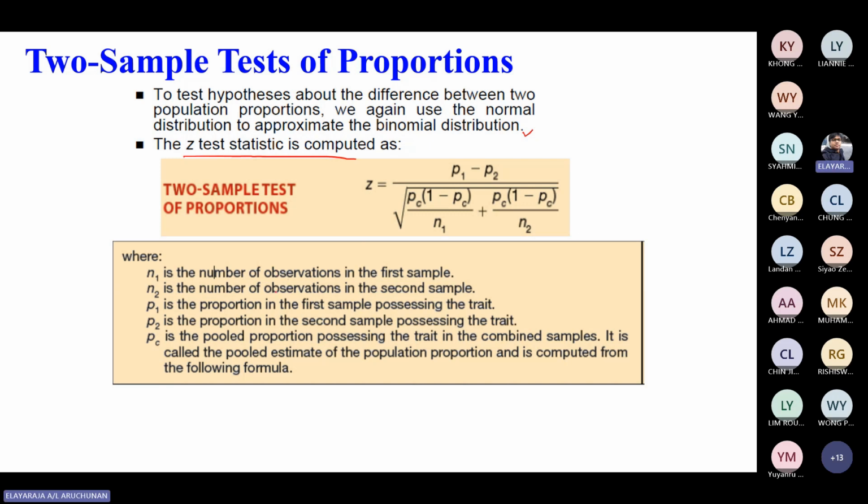We combine the two samples of data, so we can also get the population proportion.